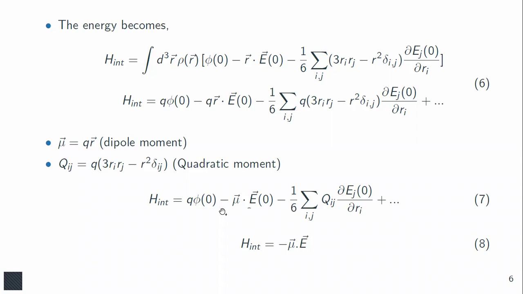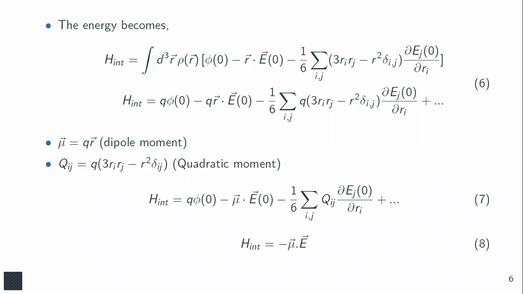The field arises due to their spatial separation, as there are different values of potential at different points of space. And the third term describes the interaction of charge with the gradient of the electric field, and this term arises due to the spatial arrangement of charges and the variation of the electric field in different spatial arrangements.